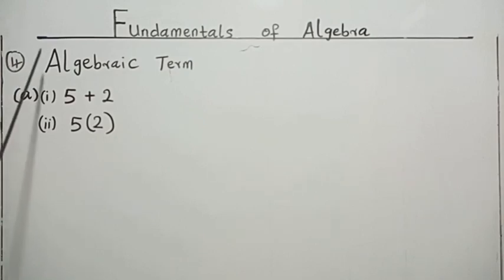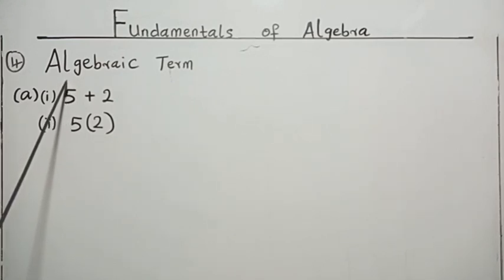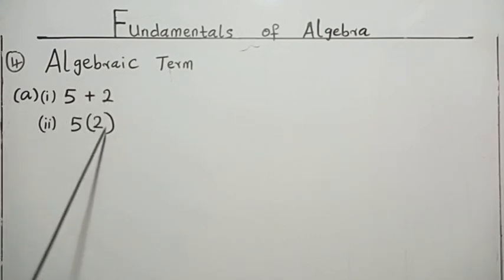And what is it? Algebraic term. It is important that we learn what an algebraic term is before we start dealing with like terms and unlike terms. To start with, I ask, which of these two expressions is a term, an algebraic term? 5 plus 2 and 5 bracket 2.